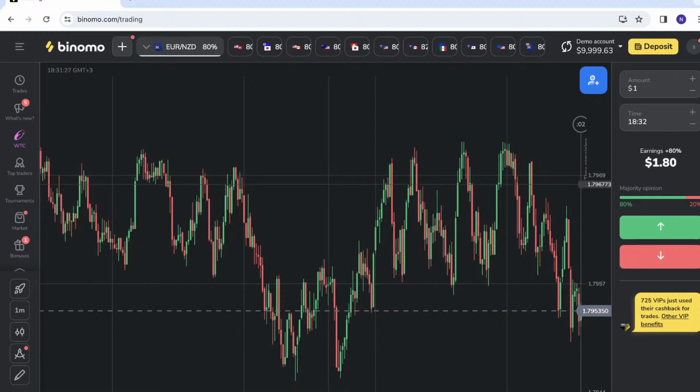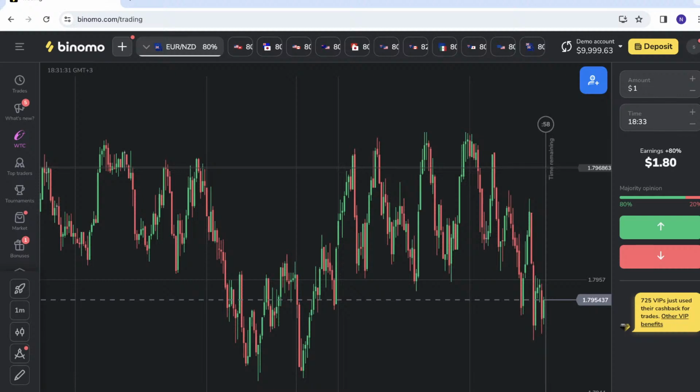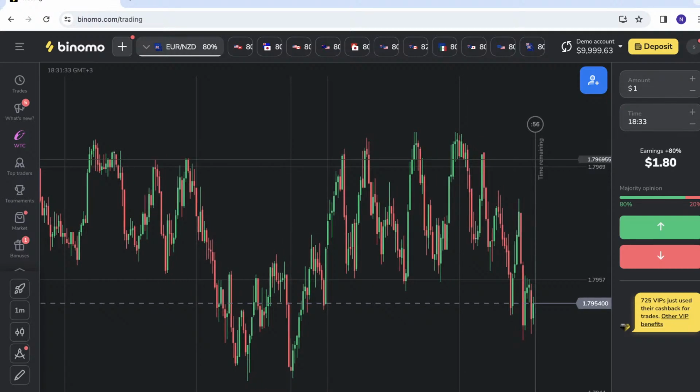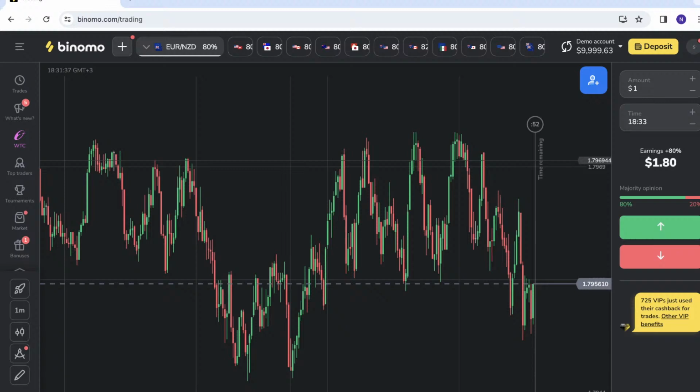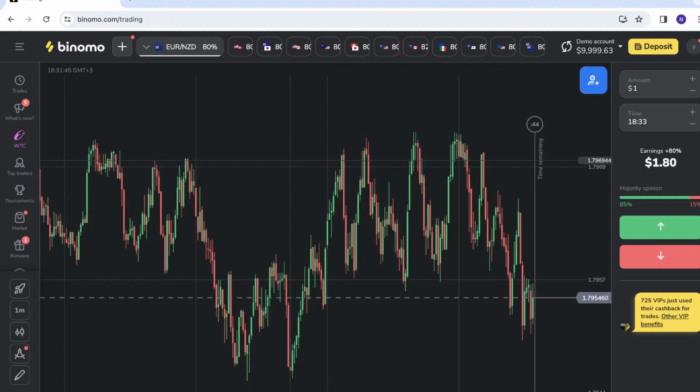So again, my name is Onur, and today I will try to show you how to use support and resistance lines and how to draw them on the graphic. What does it mean? How can we use them? Why must we use support and resistance lines in these streams?